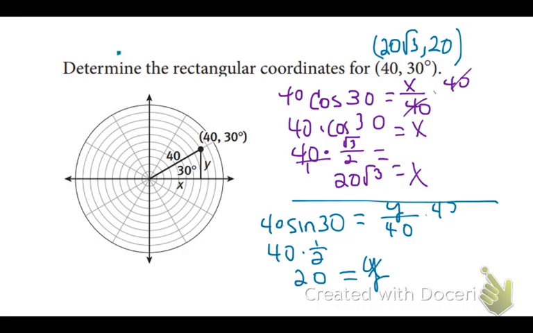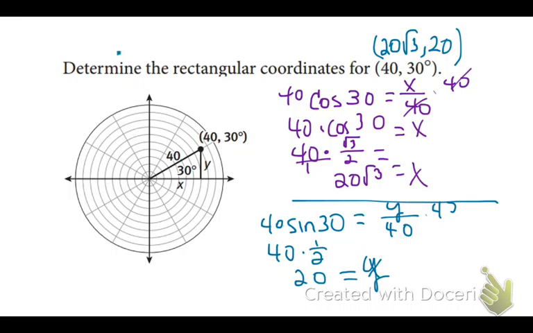Okay? So let's come back here and let's get something pretty general here. So in both cases, we multiplied the radius, right? We multiplied the radius times the cosine, and we multiplied the radius times the sine. And in both cases, we used our theta of 30.